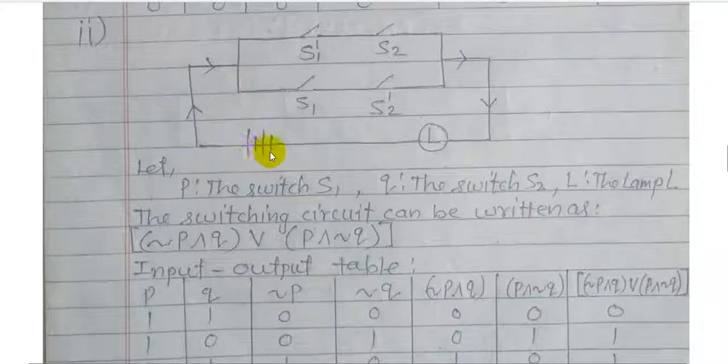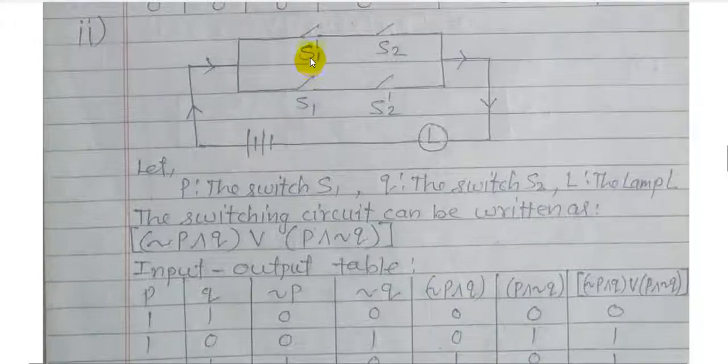The switching circuit, this is the battery connection. Again it is in parallel here, main connections. The lamp L, S1 dash, S2, S1, S2 dash. This is the direction of the current. But now consider there are 2 main switches. Let P be for the switch S1, Q for the switch S2, and L the lamp L. The switching circuit can be written as negation P. Now see this one, S1 dash, dash means negation here.